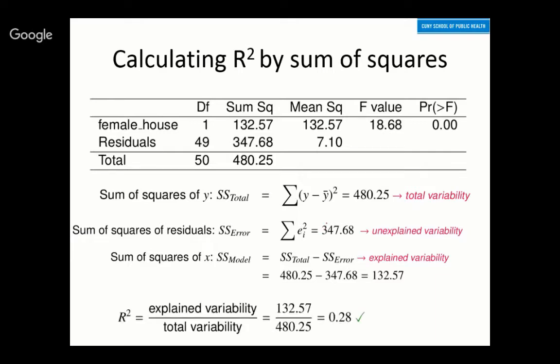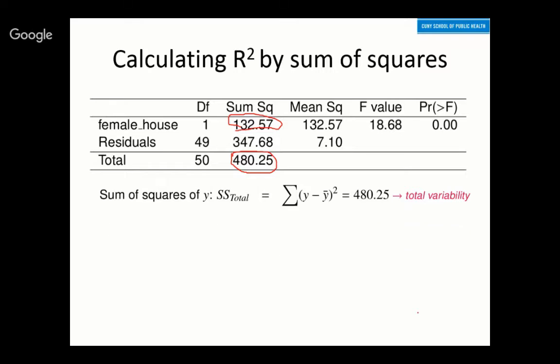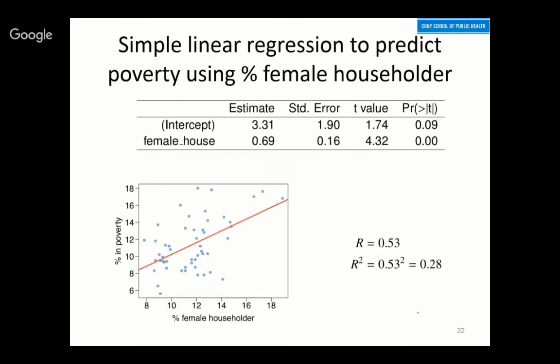And this gives us a way from the ANOVA table to calculate our R squared by taking this explained variability, 132.57, divided by the total variability, 480, and that gives us our R squared. We take the square root of that, 0.28, we should get, what did we have here? This 0.53.